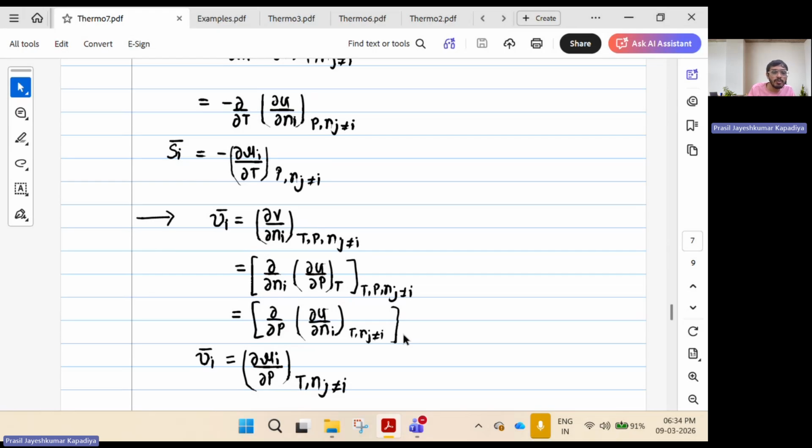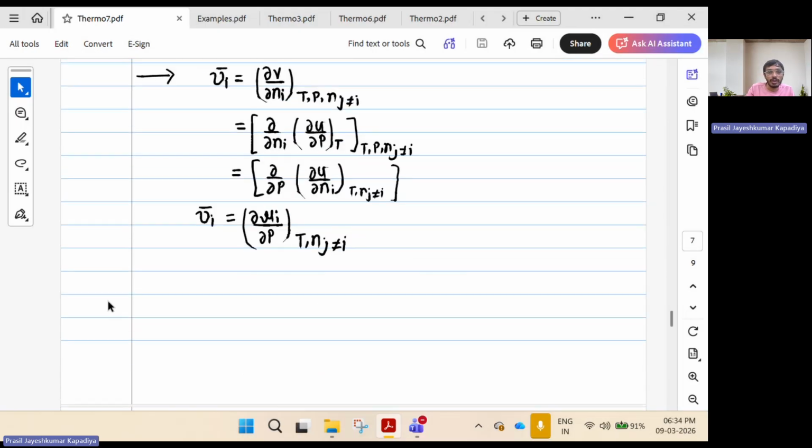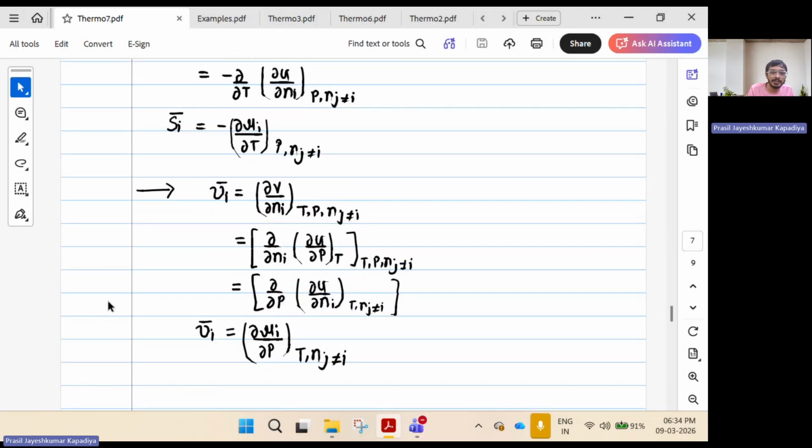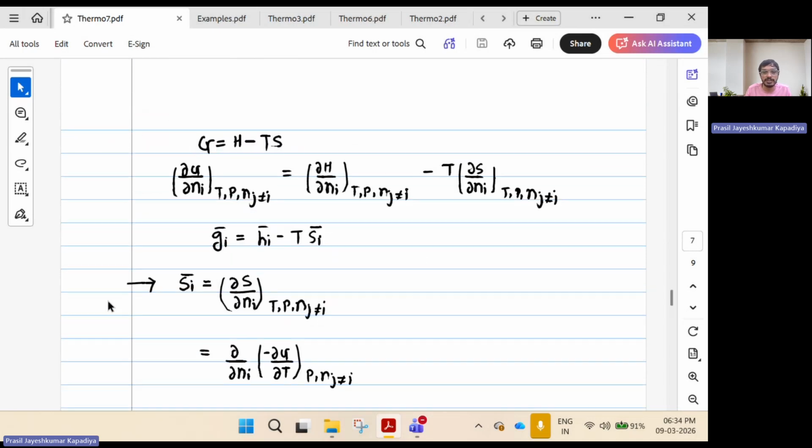Partial molar volume is del mu I by del P. And partial molar entropy was minus del mu I by del T. One was with respect to temperature, and the other quantity was varying with respect to pressure. So this is how we can relate partial molar entropy and partial molar volume to the chemical potential of the system.